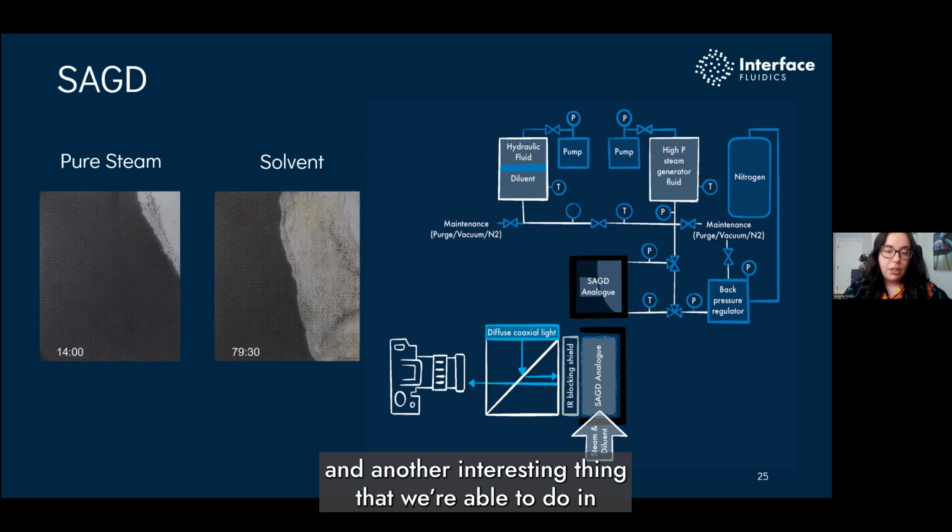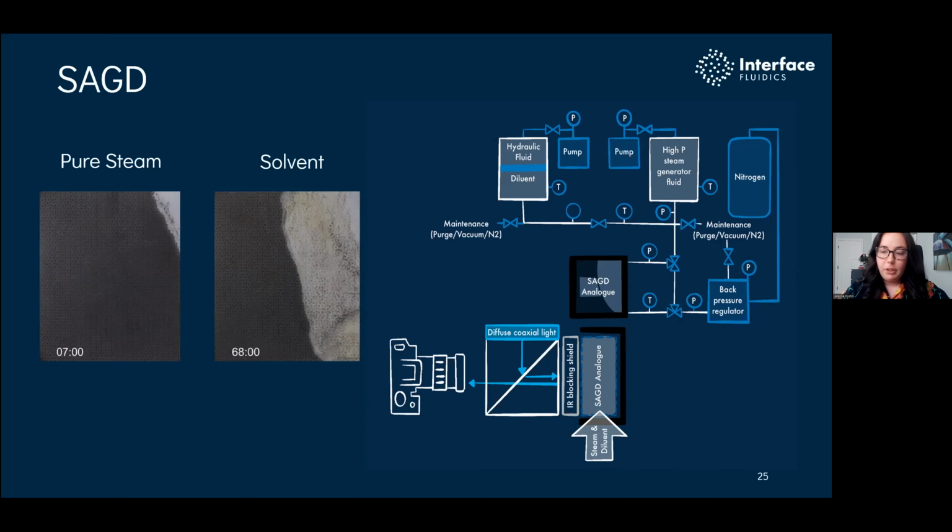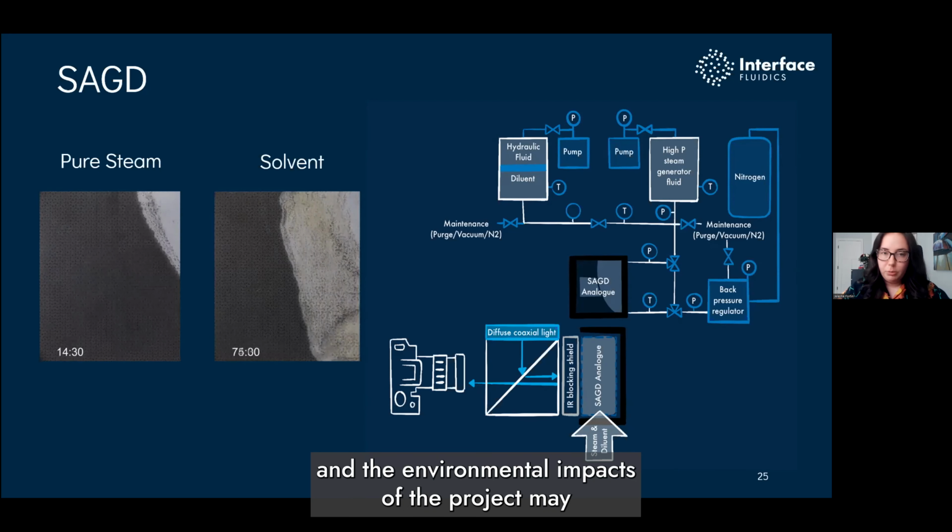Another interesting thing that we're able to do in this device is also identify residual solvent levels and analyze retention of solvents in the porous media. So it's important not only to identify optimal conditions, but to look at where the economics and the environmental impact of the project may be improved.